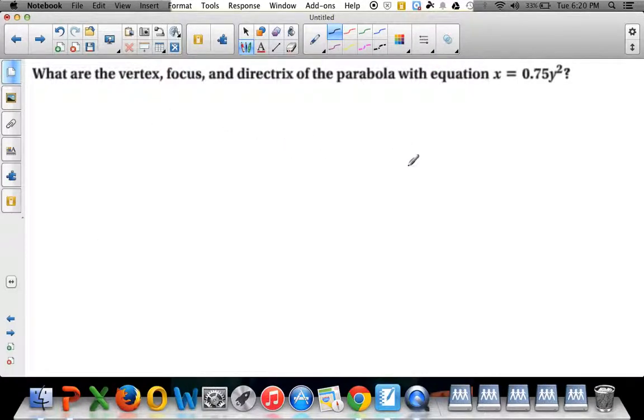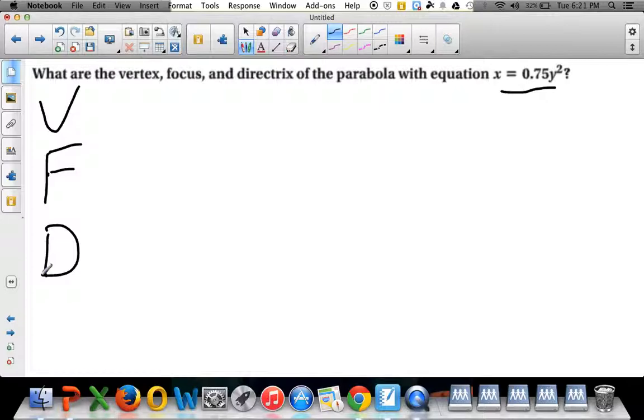What are the vertex, focus, and directrix of the parabola with the equation x equals 0.75 y squared? You know how I feel about fractions or decimals, and I would rather have them in fractions. So 0.75 will be converted to 3/4. And I need to know the vertex, the focus, and the directrix.